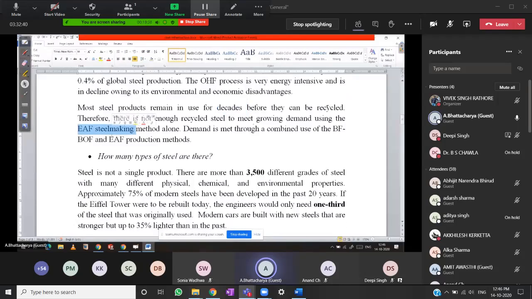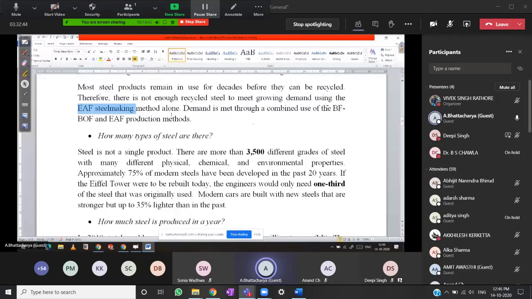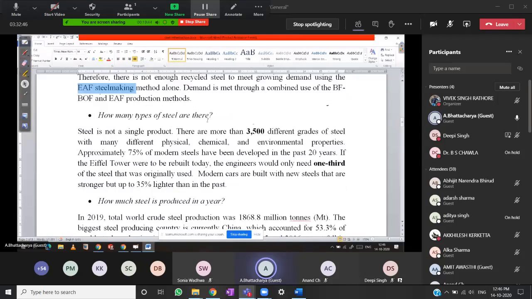Now, how many types of steel are there? It is a very wide category. As has been told here, there are more than 3,500 different grades of steel. Okay, now with many different mechanical and environmental properties, you can have mild steel, stainless steel, music wire, and so on.